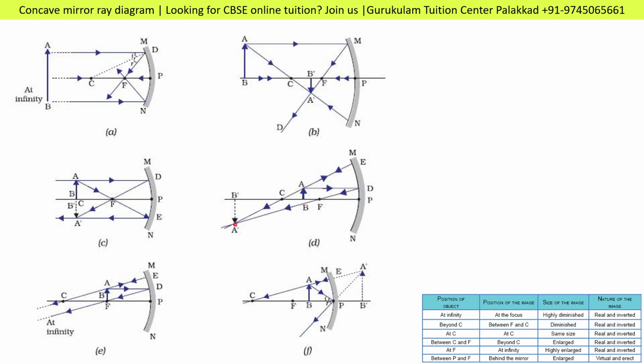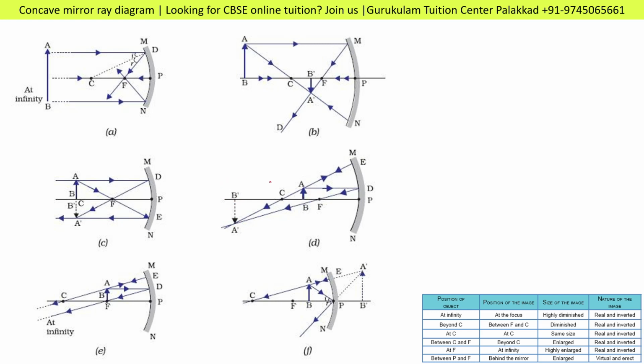Both of them are meeting at this point, so the image will be formed here. Just like it is forming on the same side of the object, it is a real image, but it is an inverted image, and it is a much bigger image.